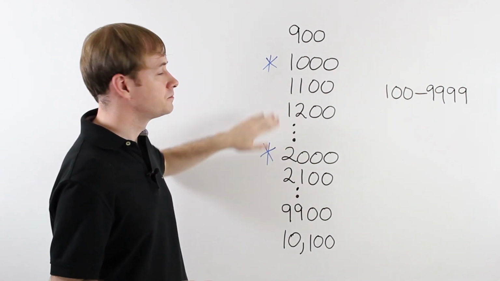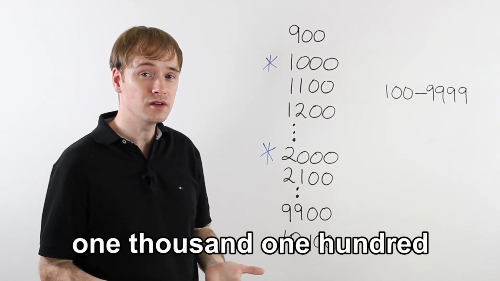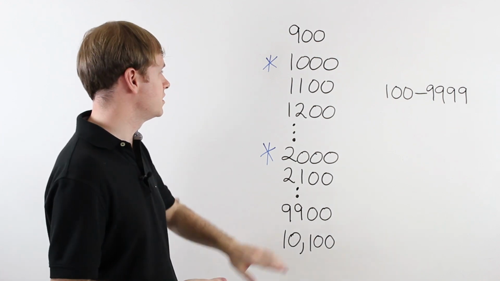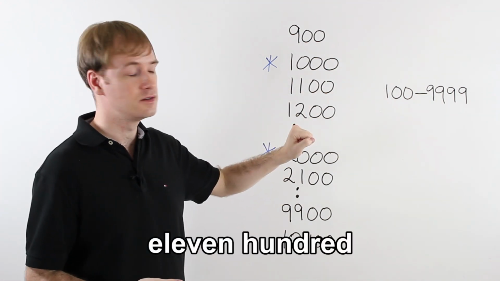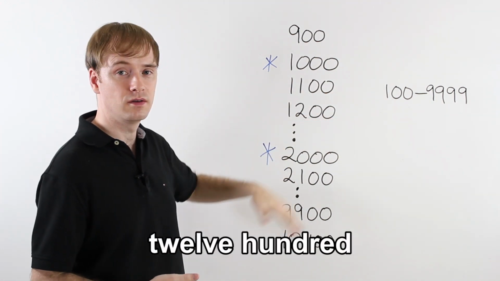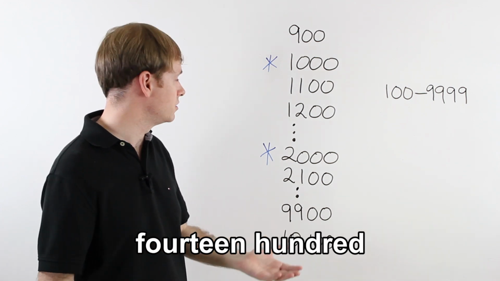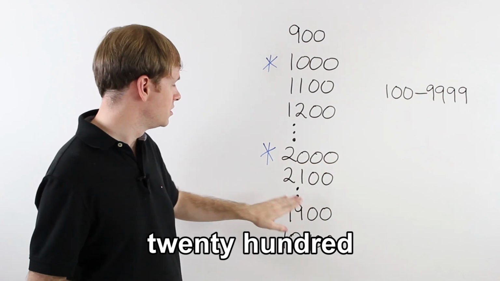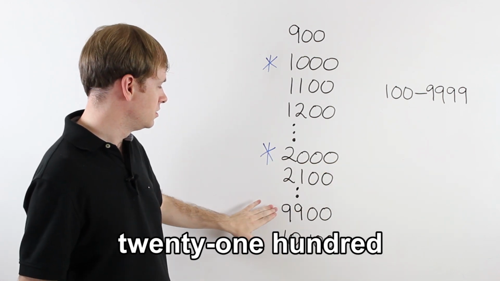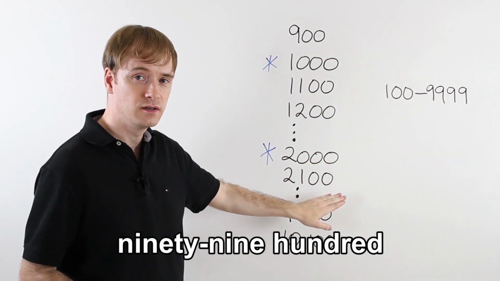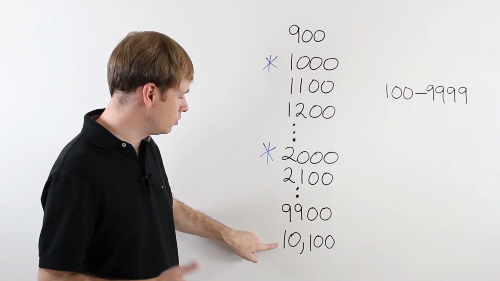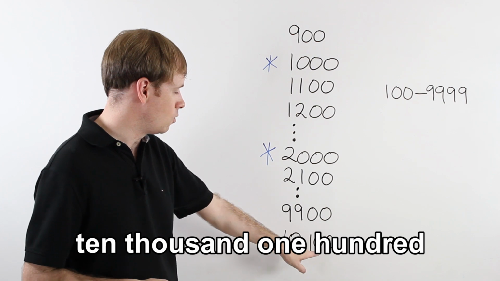Next one, 1,100. That's the best way, but some people will say eleven hundred, twelve hundred, thirteen hundred, fourteen hundred, 2,000, 2,100, 9,900. Okay, this is only 10,100.